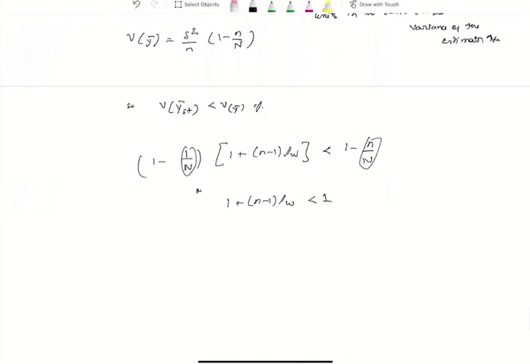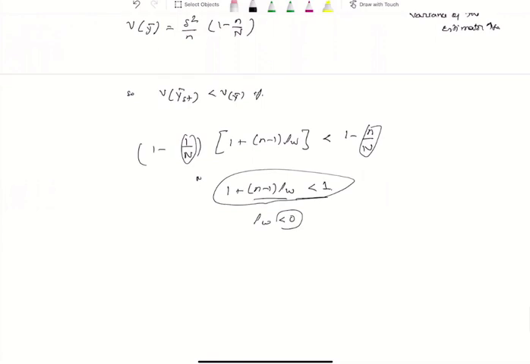So what that means is if rho w is less than 0, then only it will hold true, because if rho w is more than 1, then this whole equation will not be true. So rho w has to be a negative number. So systematic random sampling is more precise.